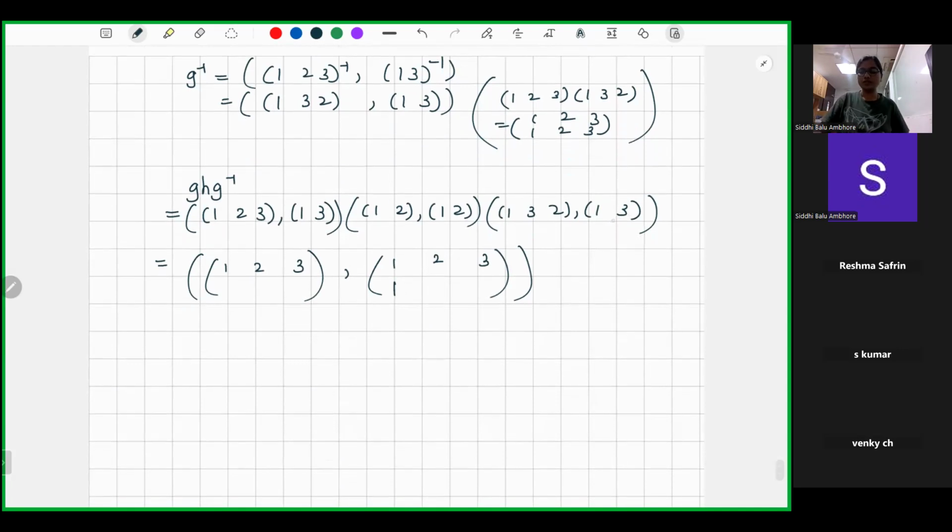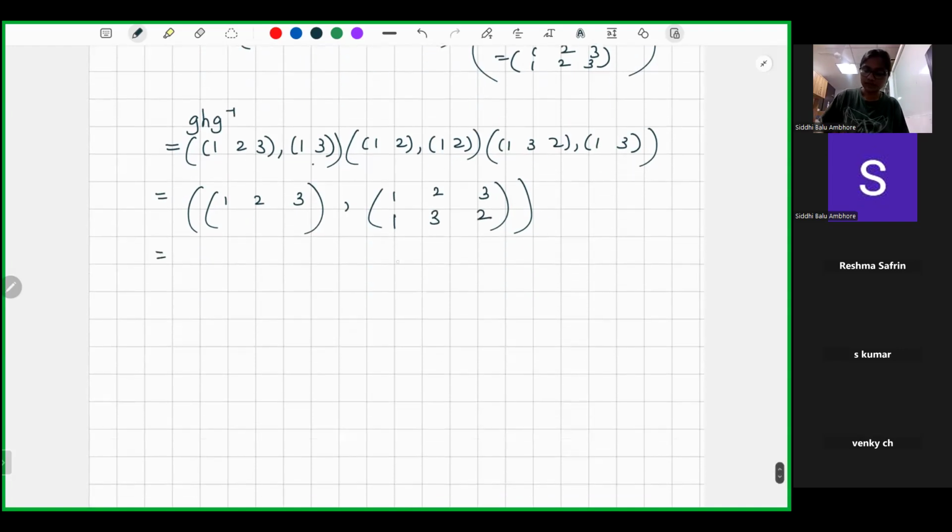For 2 in the second coordinate, 2 goes to 2. Here 2 goes to 1. And here 1 goes to 3. So I have 2 goes to 3. Now here I have 3 goes to 1, 1 goes to 2, and here 2 goes to 2. So I have 2 here. Okay, so this is my cycle here. So this is again a transposition (2 3).